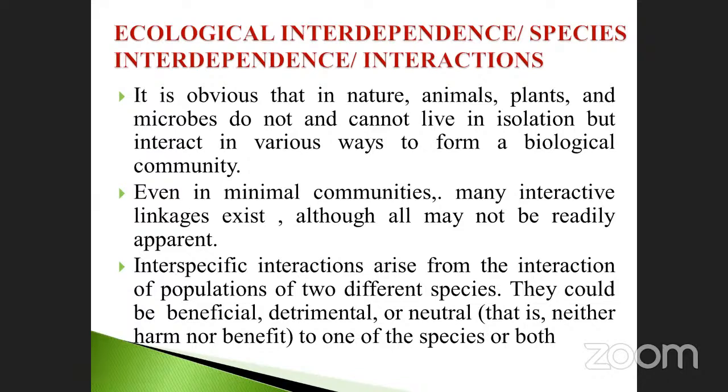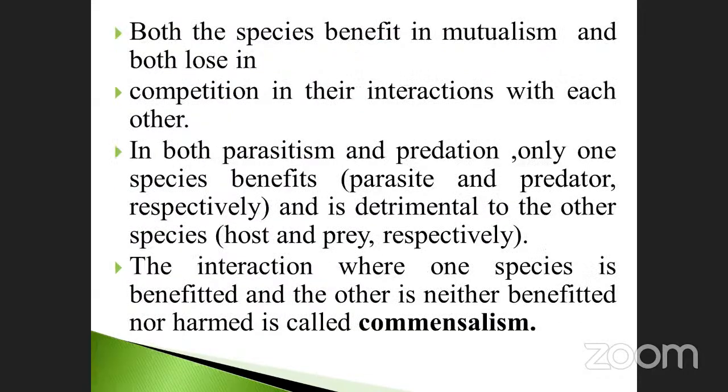To one of the species or both, sometimes the interaction is beneficial or non-beneficial, sometimes it may be harmful, sometimes neutral. Already we know about mutualism, commensalism, amensalism, predation, and parasitism, isn't it? We are going to discuss those here also. Both species benefit in mutualism, and both lose in competition in their interaction with each other.